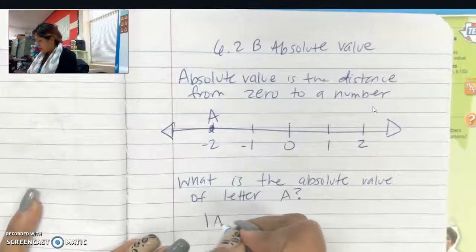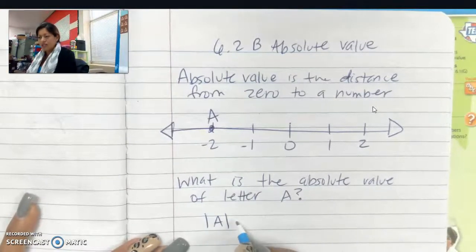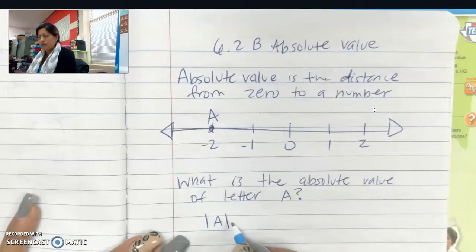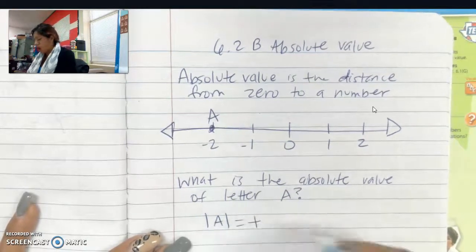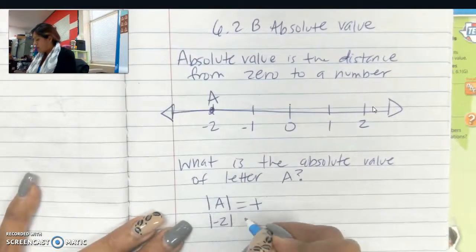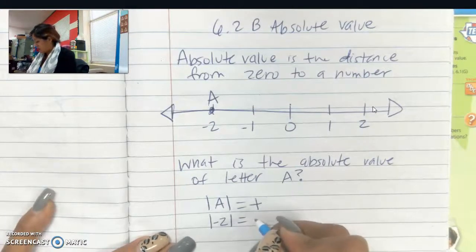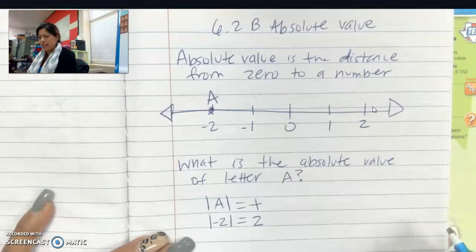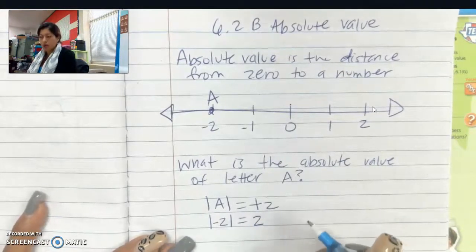Well, if I put A in absolute value, so see these lines, this means absolute value, and that means that anything that's inside is going to end up being positive. So this is a -2, so it becomes +2, just like that. We don't have to put the positive because those are regular whole numbers.